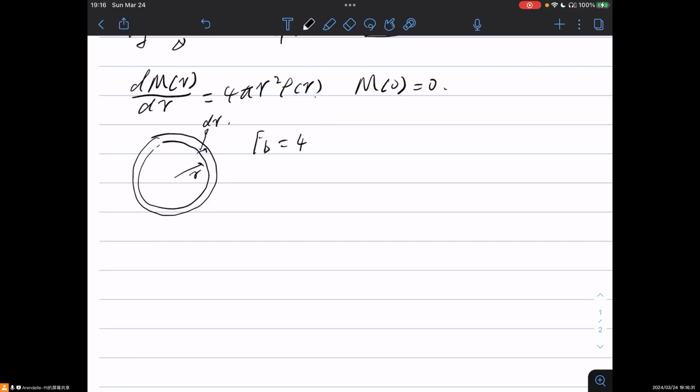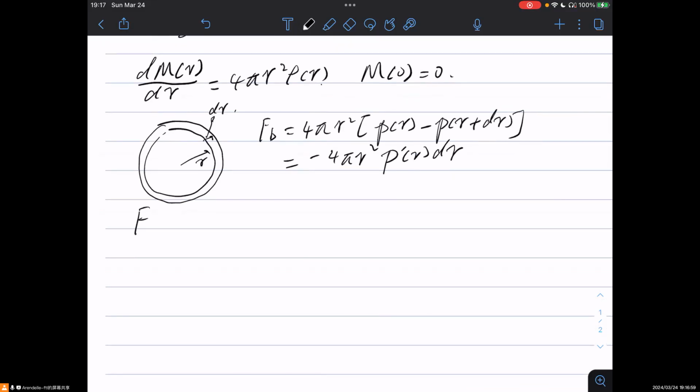So it equals 4 pi r squared times [P(r) minus P(r plus dr)], and equals minus 4 pi r squared P prime(r) dr. This prime expresses the derivative with respect to the radius r.